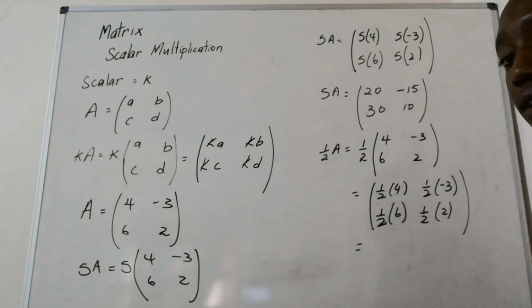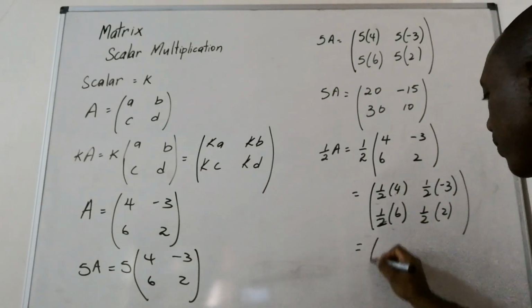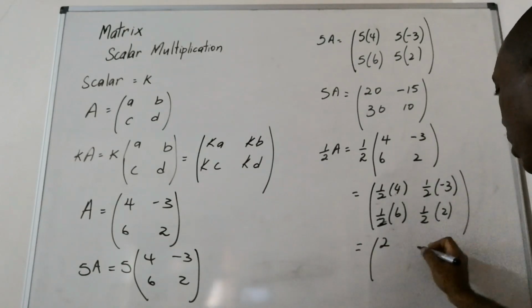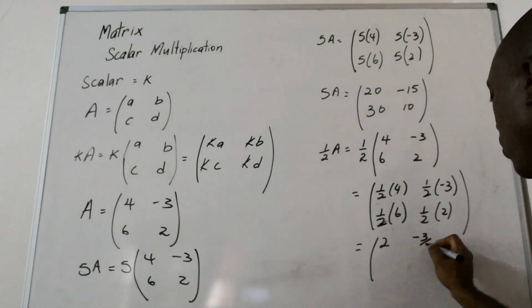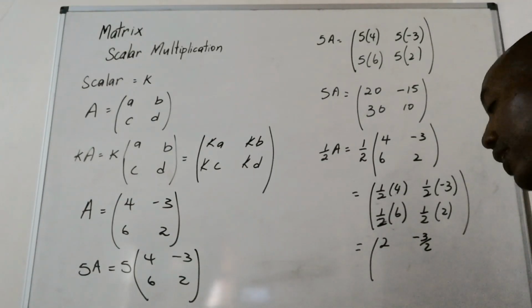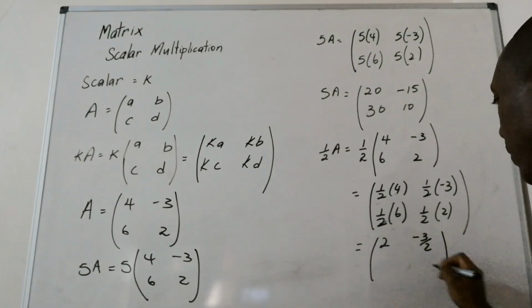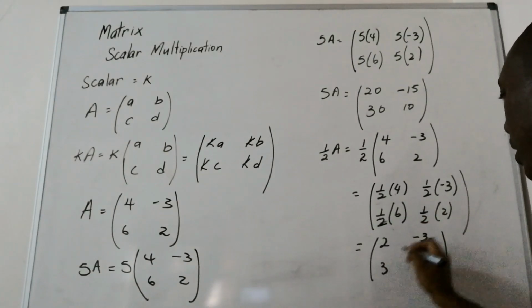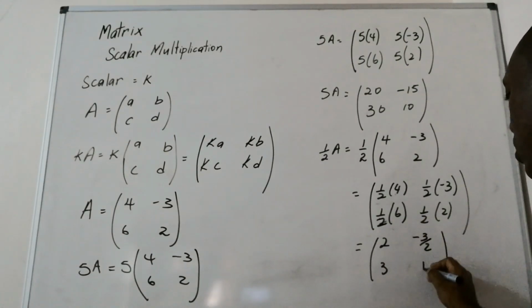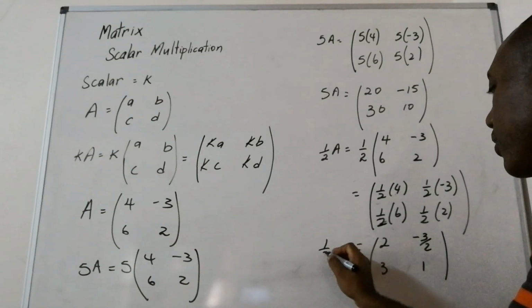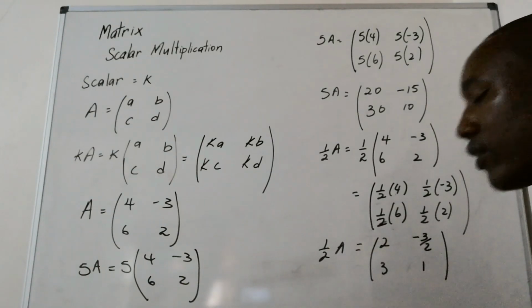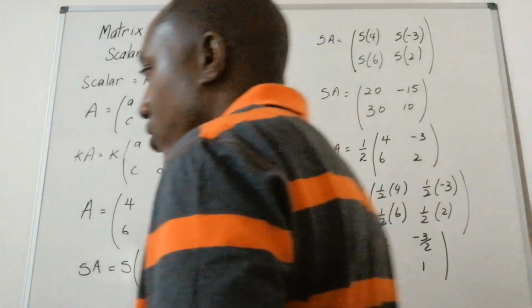Half of 4 is 2, minus 3 over 2, or we could write negative 1.5, half of 6 is 3, and half of 2 is 1. So half A is equal to our matrix here.